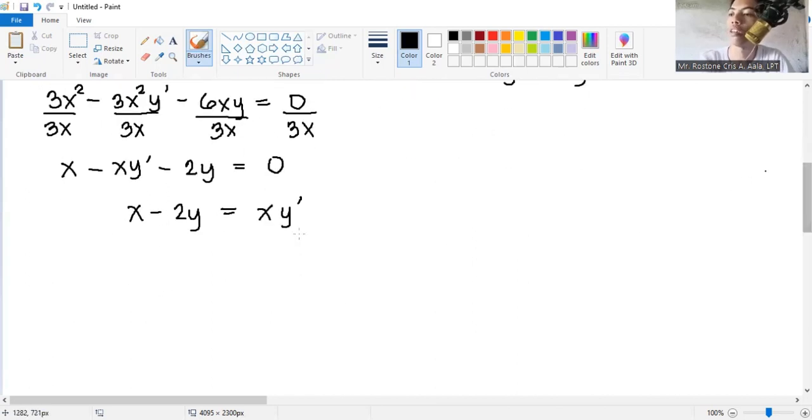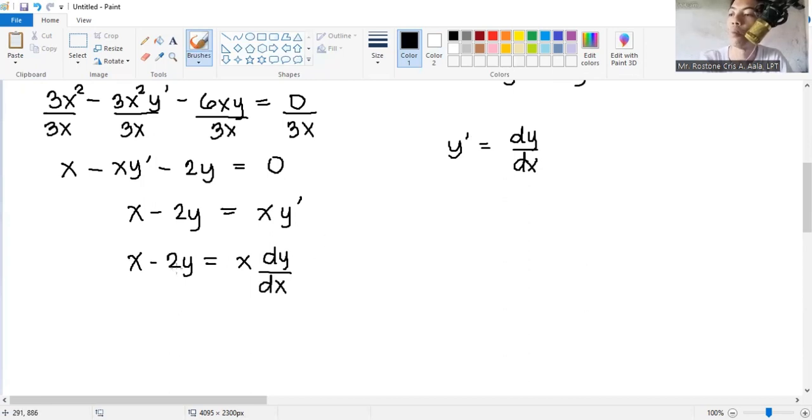So now, since ang y prime ay equivalent sa dy over dx, pwede natin siyang i-replace by dy over dx. So we have here x minus 2y is equal to x multiplied by dy over dx.